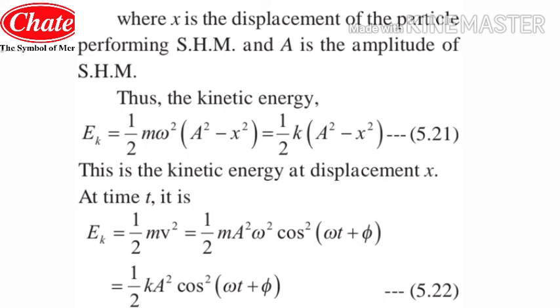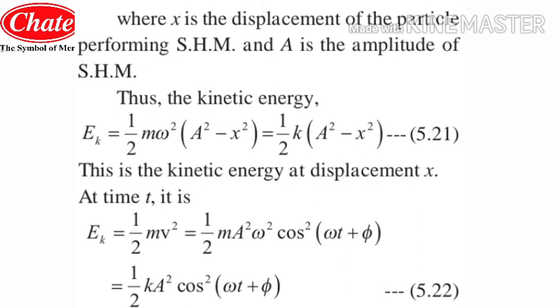Thus the kinetic energy of that particle may be given as half m omega square into (a square minus x square), which is further equal to half k into (a square minus x square). So this will be our equation number 5.21. This is the kinetic energy at the displacement x, the KE of the particle at the distance x.